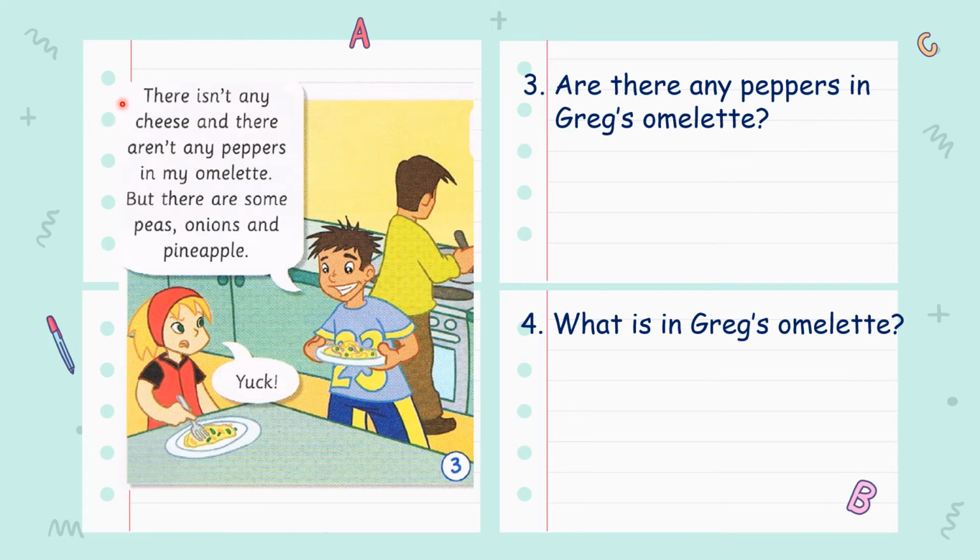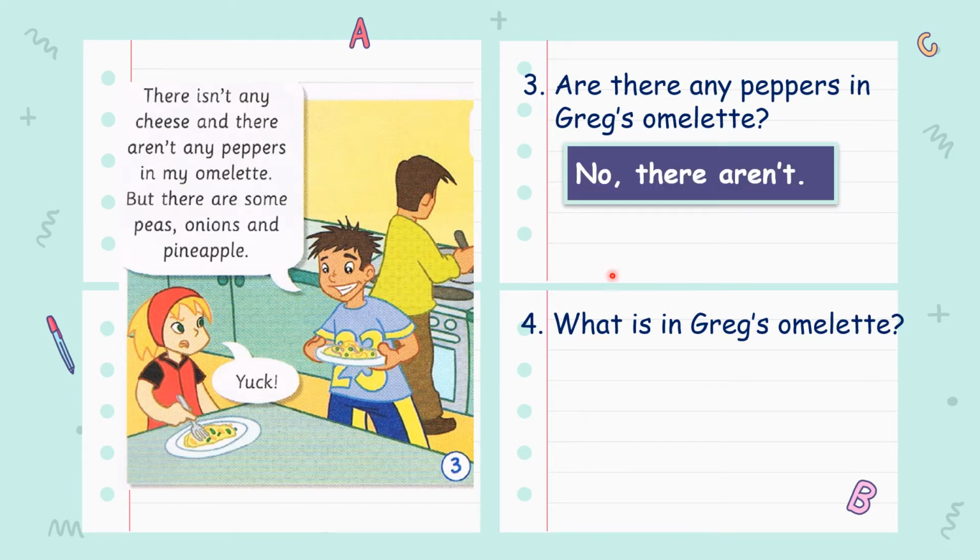So let's look at picture 3. There isn't any cheese and there aren't any peppers in my omelette. But there are some peas, onions and pineapple. So question number 3. Are there any peppers in Greg's omelette? The answer is no, there aren't. If you refer to the text, it states here, there aren't any peppers.